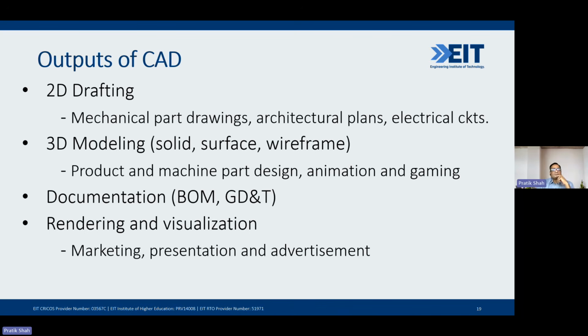Documentation means creation of bills of materials and GD&T, that is geometric dimensioning and tolerancing. Basically, this software can also be used for rendering. The rendered model can be used for marketing and presentation purposes also. So in a nutshell, the output of CAD can be any of these. It depends upon the engineer to use the selected feature of that tool.